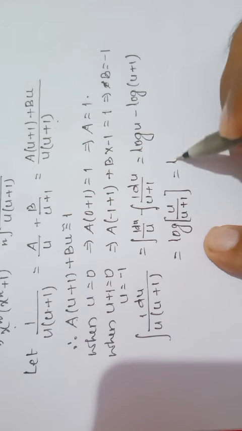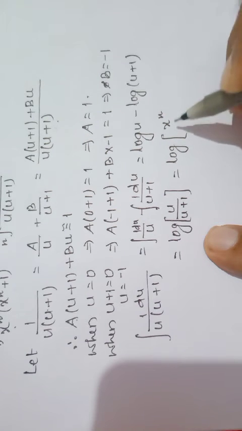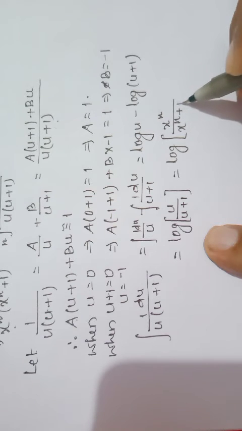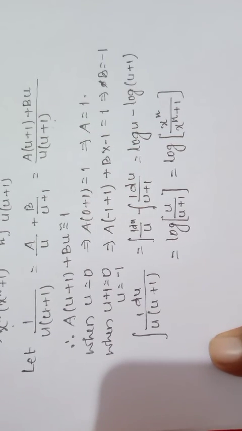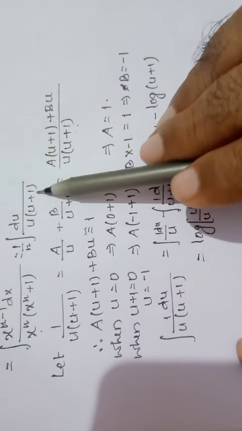So log of x to the power n by x to the power n plus 1. Now multiply both sides by 1 by n, because you have to calculate the value of 1 by n into this integration.